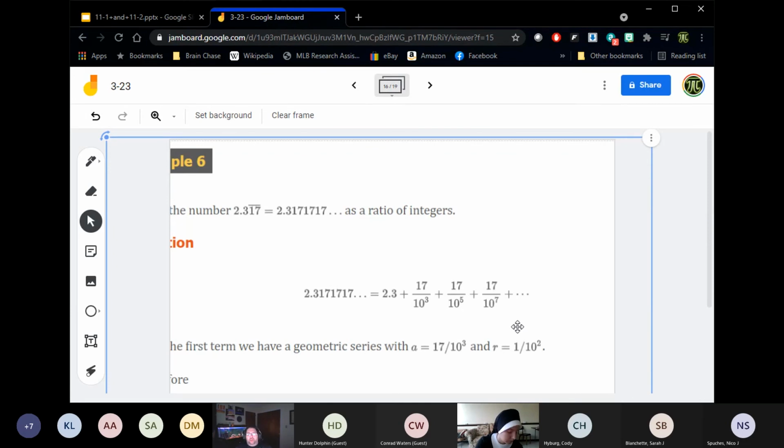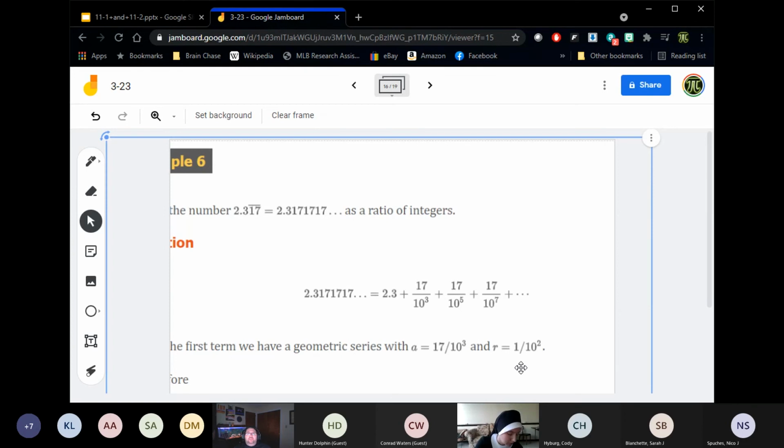So if we just take the 2.3 out of the situation for a minute and we just look at the 17s, I have a geometric series, and my first term is 17/10 to the third. And for each one after that, I'm multiplying it by 1/10 squared. So my initial term a is 17/10 to the third, and my common ratio is, in essence, 1 over 100.